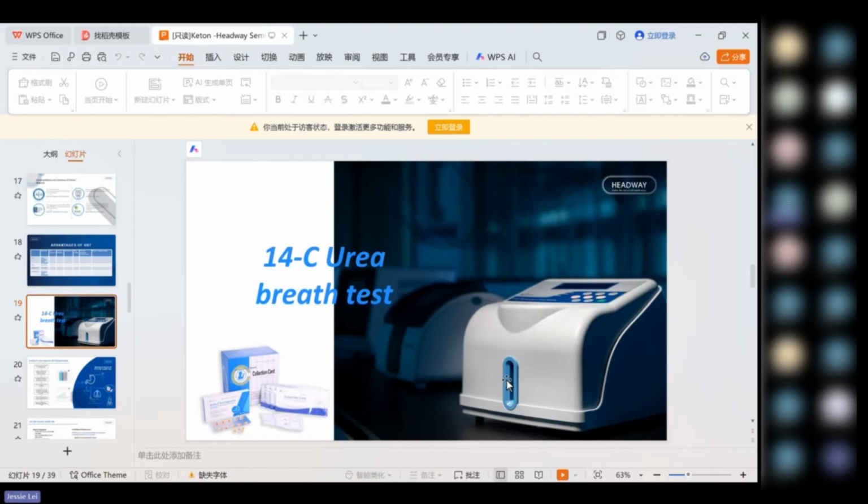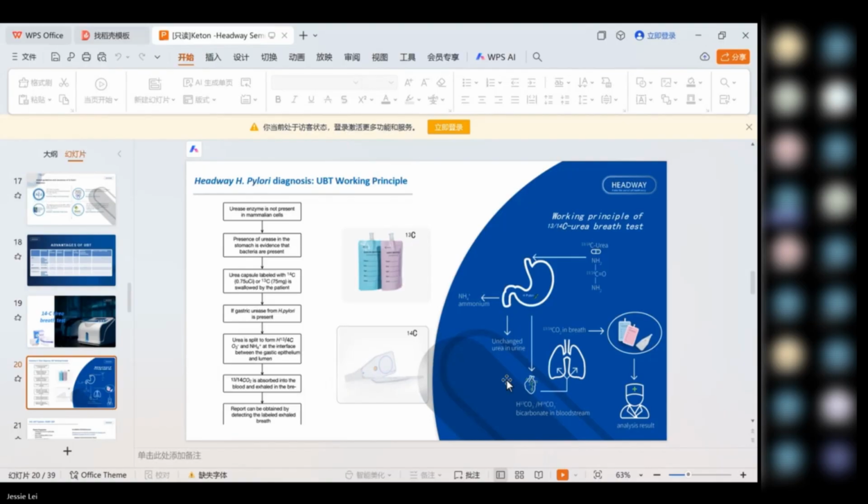Okay, next, I will make a detailed introduction of our Urea Breath Test product. The working principle of our Urea Breath Test is that urease enzyme is not present in mammalian cells, so the presence of urease in the stomach is the evidence that the bacterium H. pylori is present. So the patient just needs to swallow a capsule labeled with carbon-14 or carbon-13.